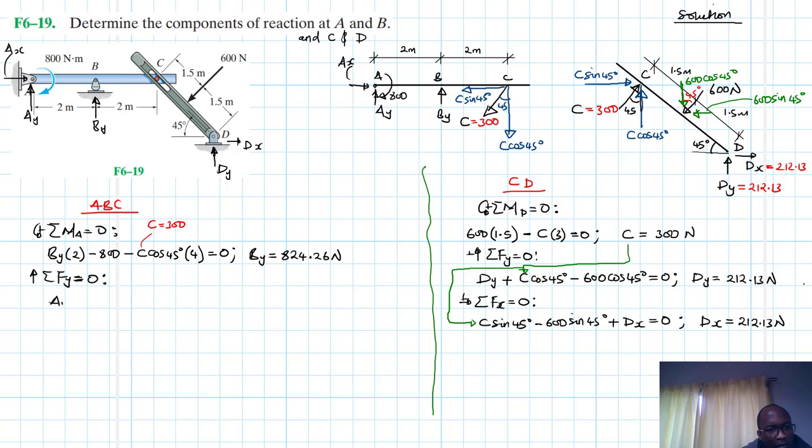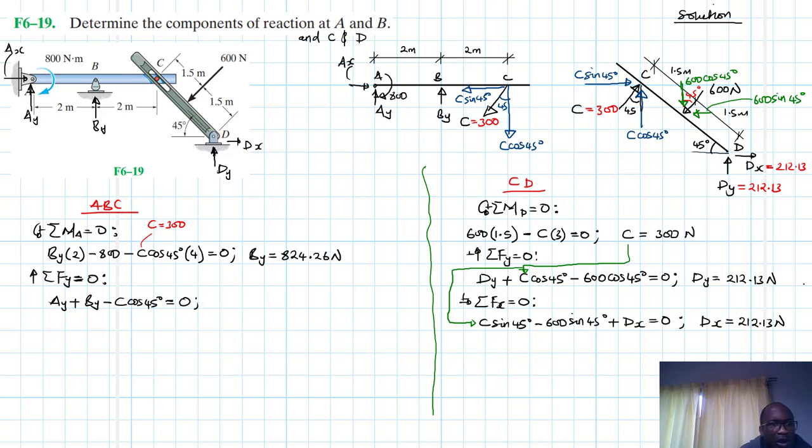So we have AY plus BY minus C cos 45, equal to 0.